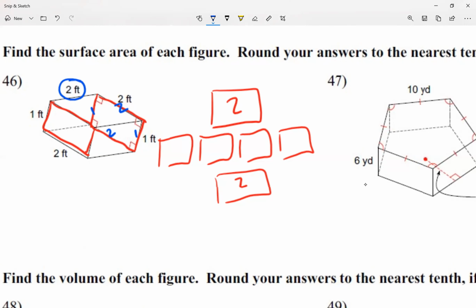In this case, 2. So 2 times 2, 2 times 1, 2 times 2, 2 times 1, giving 4, 2, 4, 2. Now, surface area, just add everything. I get 16.